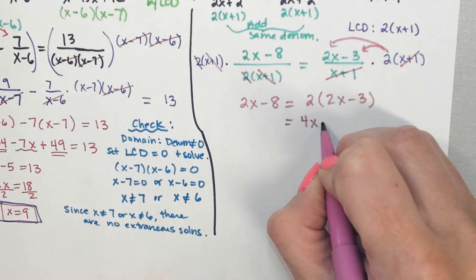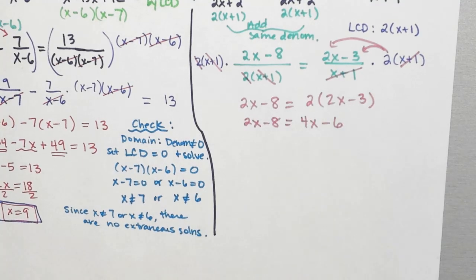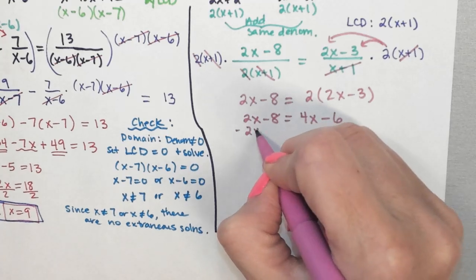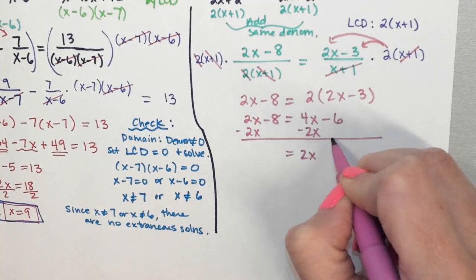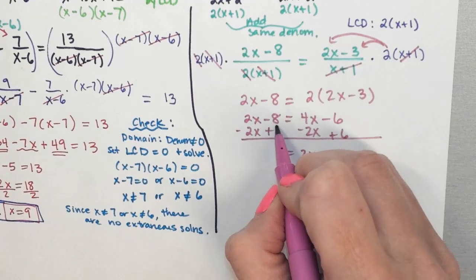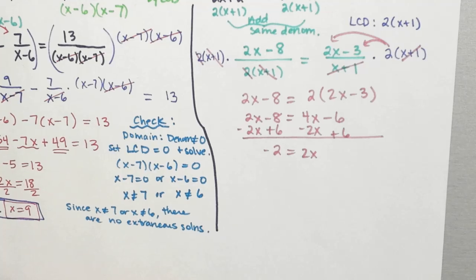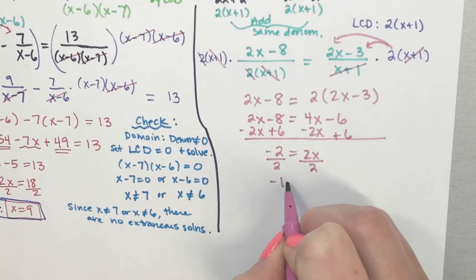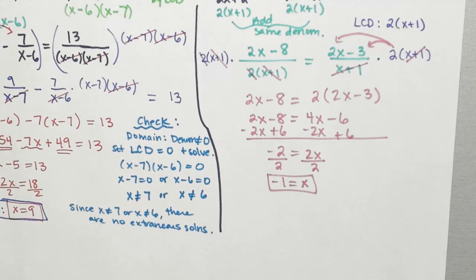So you have 4x minus 6 equals 2x minus 8. We're going to move all the x's to one side, all the numbers to the other to solve for x. So I'm going to divide. I get x is equal to negative 1, and then I'm going to do my check.